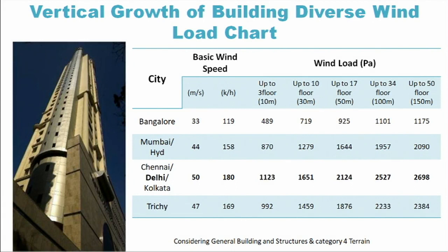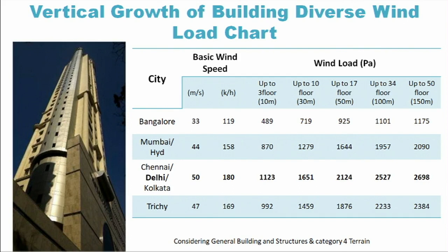As you go up, let's say the third floor, which is 10 meters, or the 10th floor, which is 30 meters, or the 50th floor, which is 150 meters, for a place like Delhi, you can see the wind load changes from 1100 pascals to 2700 pascals. That is what we need to understand. If we calculate the wind load, the rest of the things become very simple. We will see how to use this in our window designing or window calculation in the further slides.